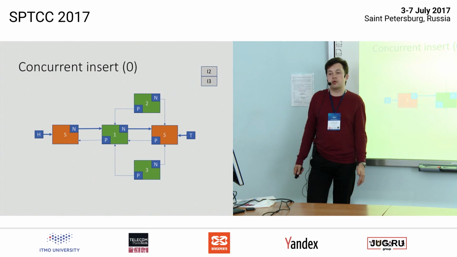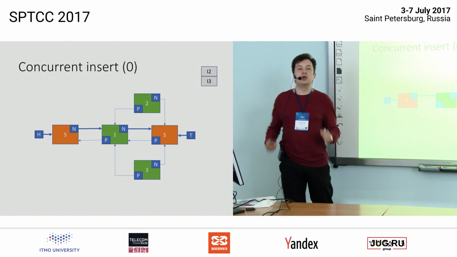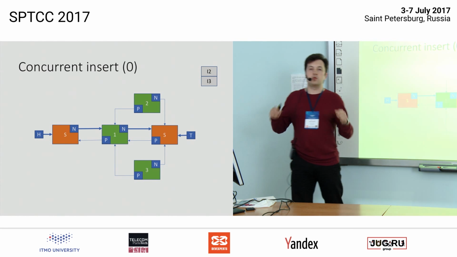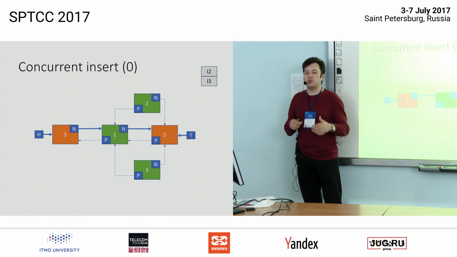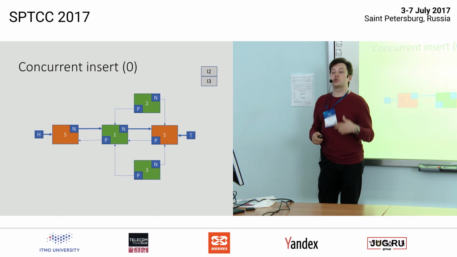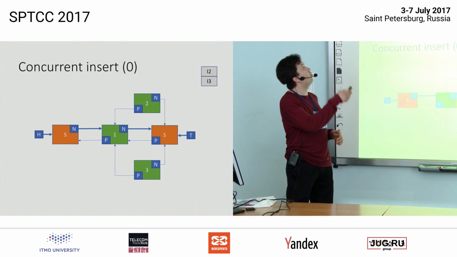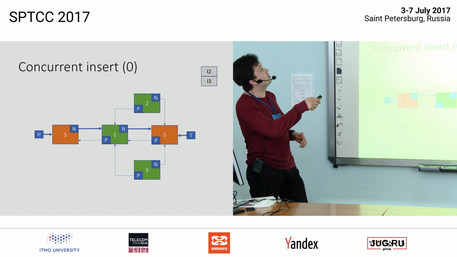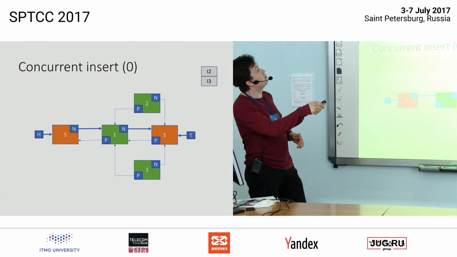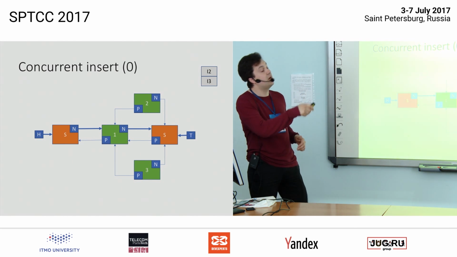They both are prepared to insert. They both created nodes tentatively, but neither 2 nor 3 is yet inserted into the data structure. The chain of next links, in bold blue, is still pointing this way. This is the logical contents of the data structure. These nodes are still not there.